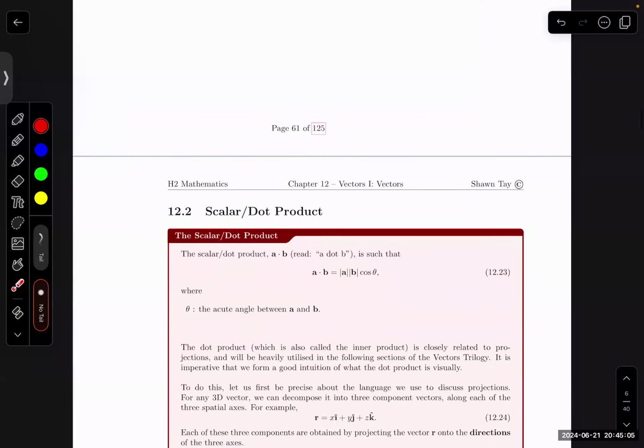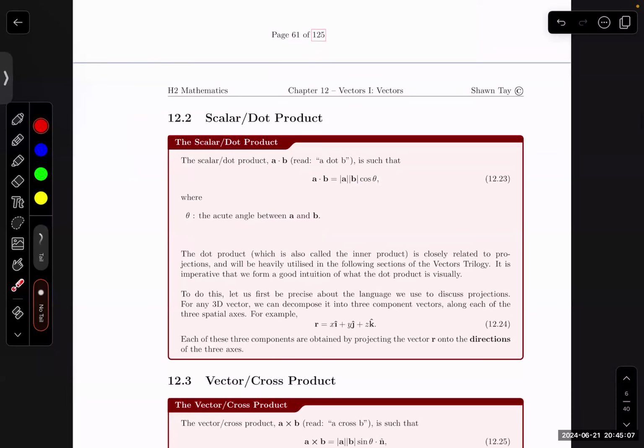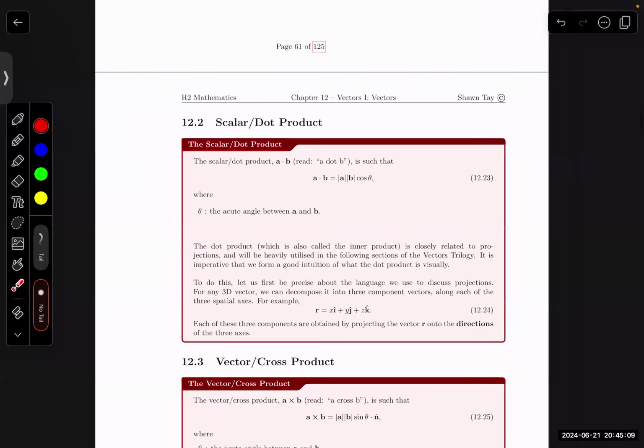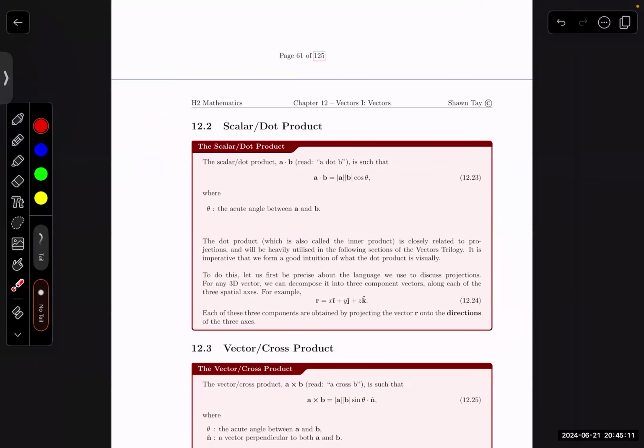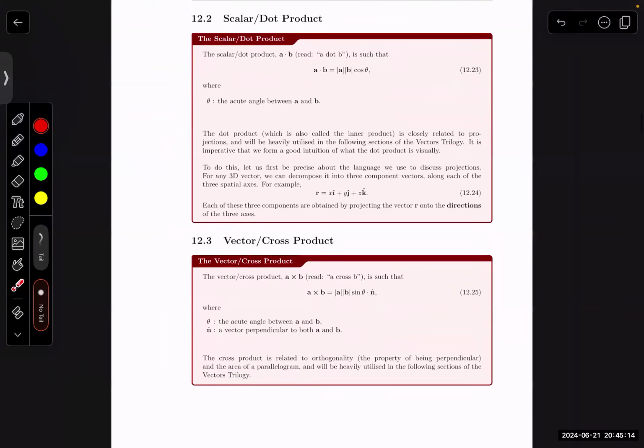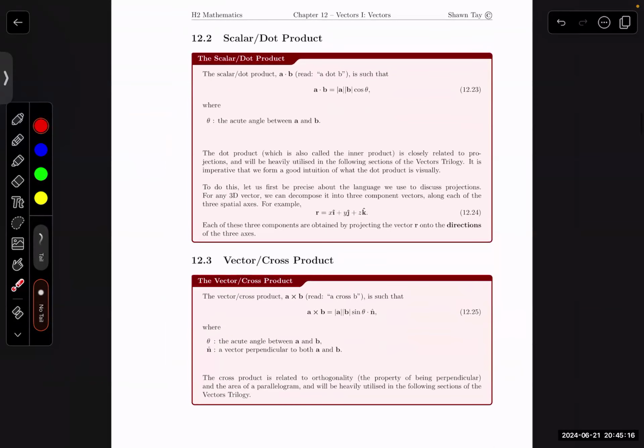Now let's talk about the important stuff, right? These last two things that we can do with vectors will be elaborated upon, or rather it'll be used in the rest of the vectors trilogy, if you want to call it that way.